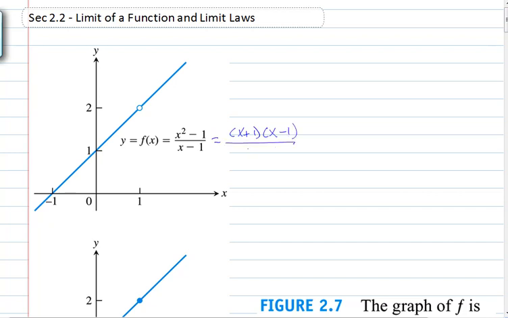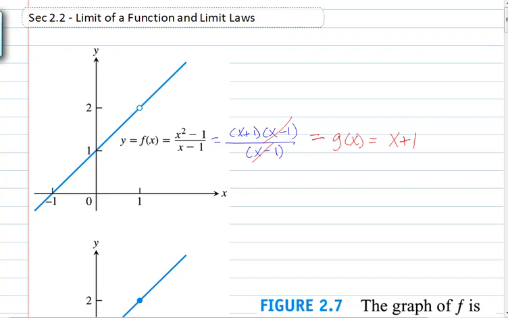And if you divide this by the factor x minus 1, these common factors are going to cancel out, and what we're left with as an equivalent function is a new function, g of x, that's equal to x plus 1. Well, there's a linear function where the y-intercept is 1, the slope is 1, and it's just undefined right here at this point that factors out.